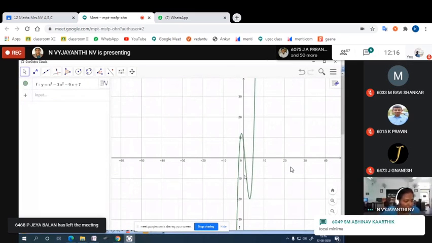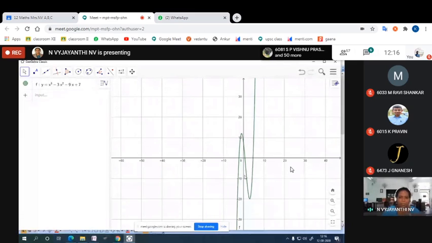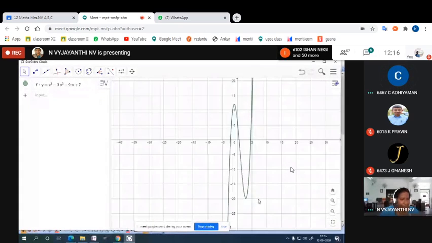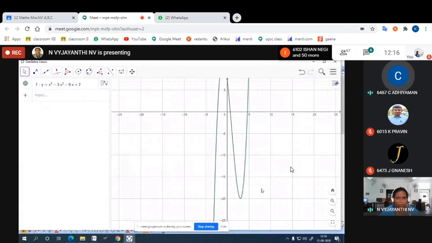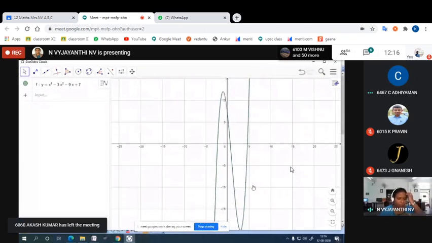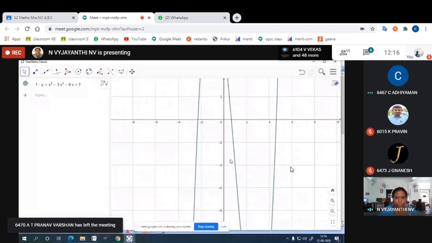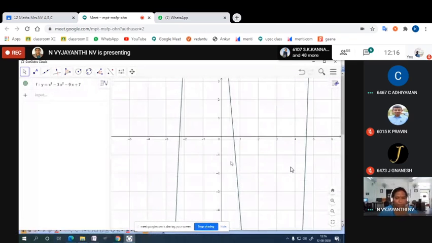So they are asking a tangent must be parallel to x axis. Where will be the tangent parallel to x axis? Minus 1 comma 12. Did you get the turning point 12?